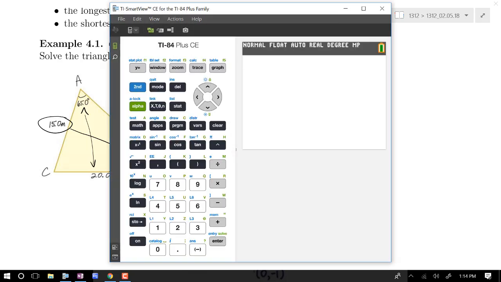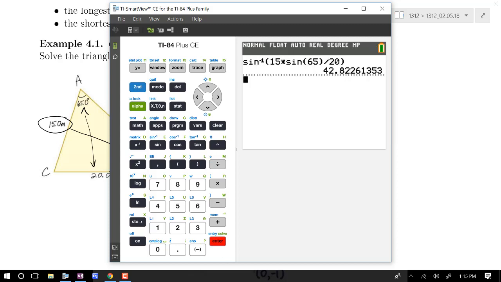So we have arcsine of 15 times sine of 65, making sure that I close the parentheses on that sine function, and then divide by 20, and then close the parentheses on the arcsine.